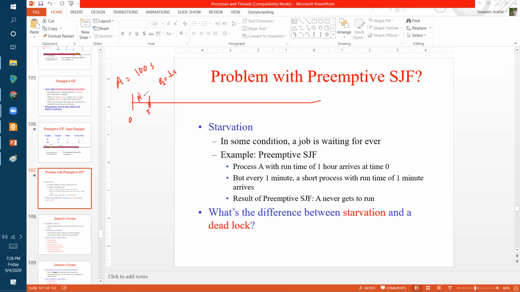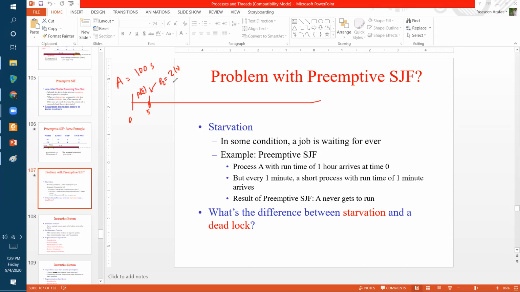A takes the CPU for 5 seconds, and after the 5th second P2 comes.